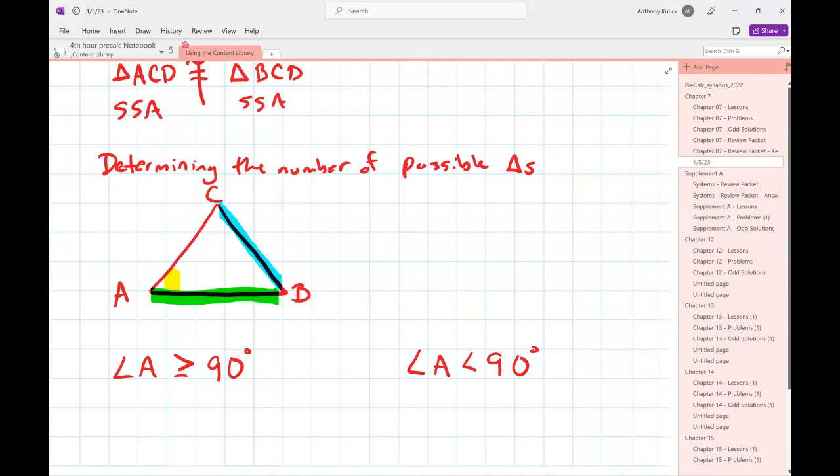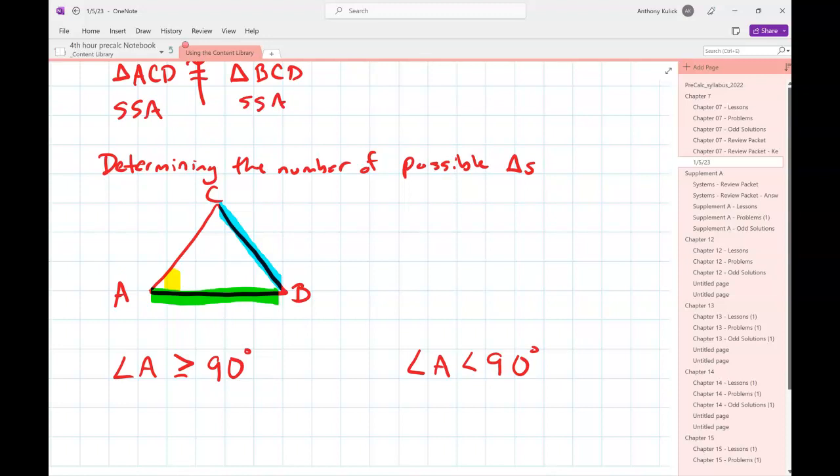All right, so if angle A is greater than or equal to 90 degrees, what kind of triangle do we have? Well, if it's greater than or equal to 90 degrees, it's either right or obtuse.